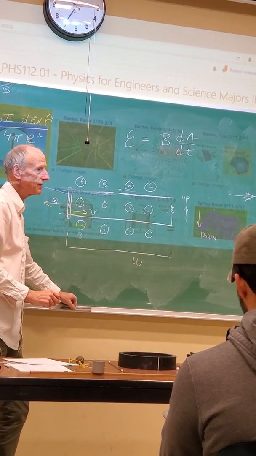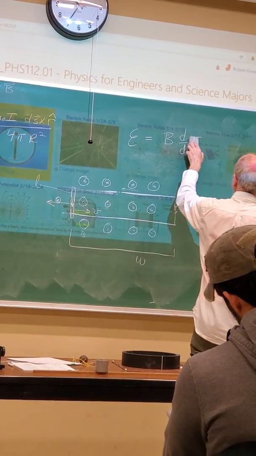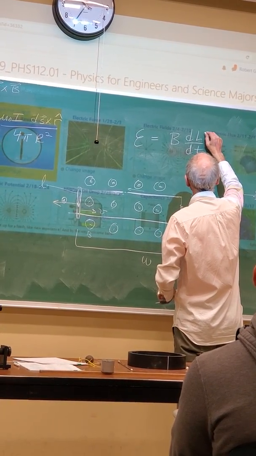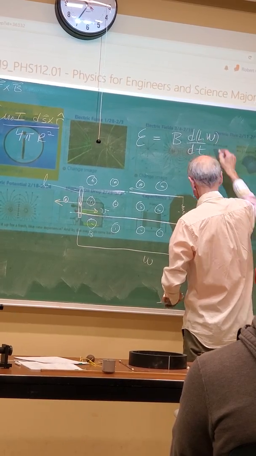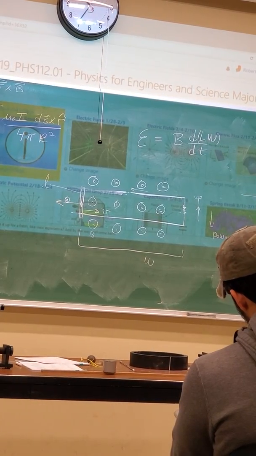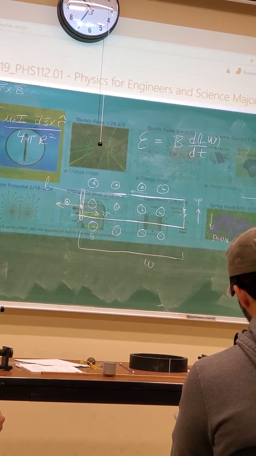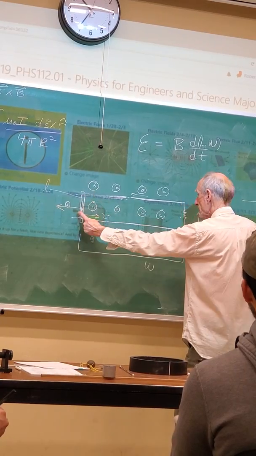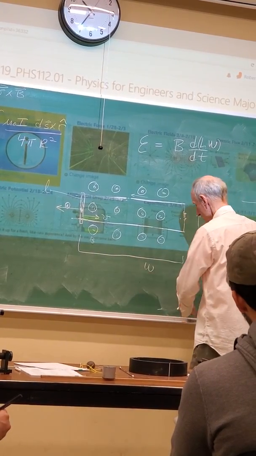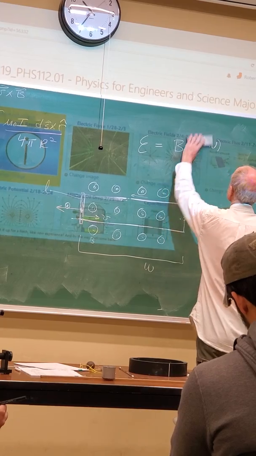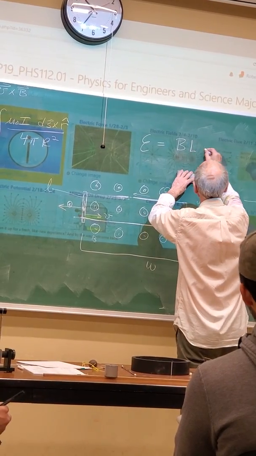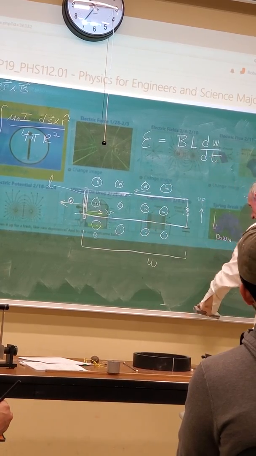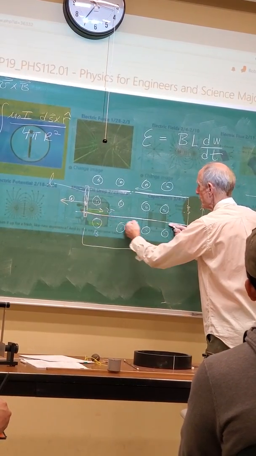So it's d of the area, L times W, and the L is constant. This doesn't change. What changes is the width. So I can take the L out, and then I have B L d(width)/dt. And what's d width dt?